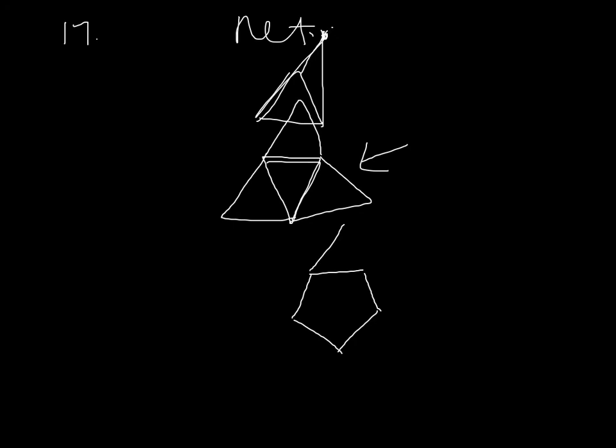Okay, so I'm going to make my triangle here, triangle here, triangle here, here, and here. Okay, so that is what my net would look like for a pyramid because all lateral faces are triangles. Our base is a pentagon.